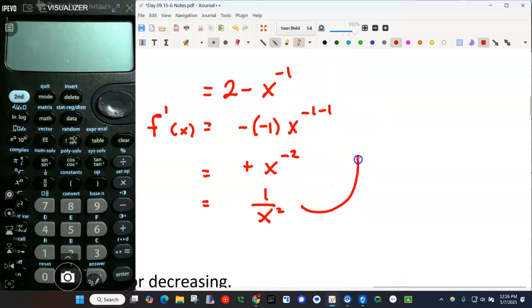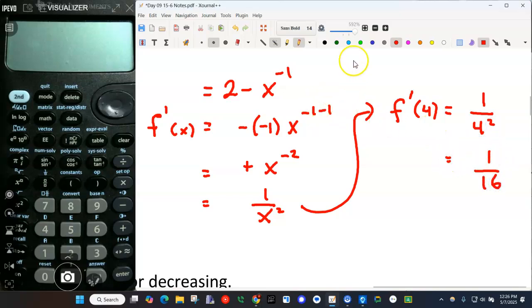And then finally, from here, we can say f prime of 4 equals 1 over 4 squared equals 1/16, which 1/16 is not important, the fact that it's positive 1/16. Therefore, increasing.